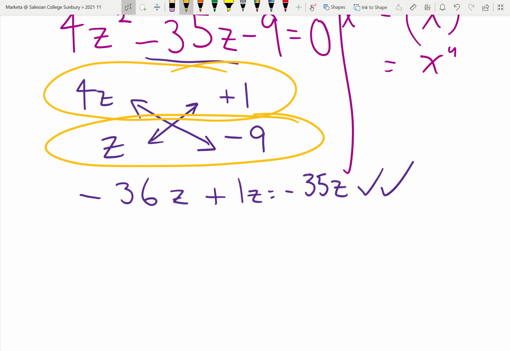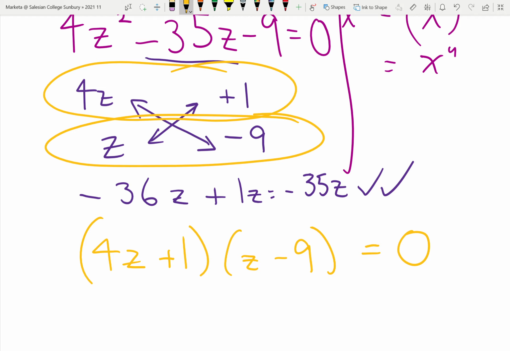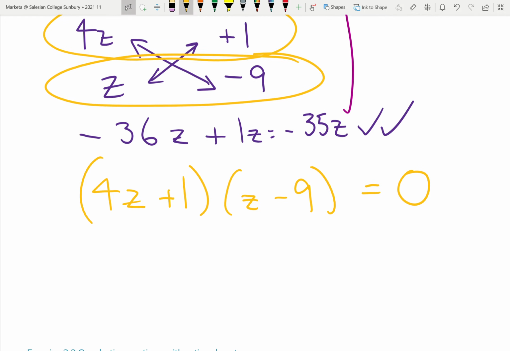I'd just like to change the colour, but it doesn't want me to, so I'm just going to leave it as yellow. Hopefully you can see that well enough. 4z plus 1 and z minus 9 equals 0. Now I can use the null factor law.